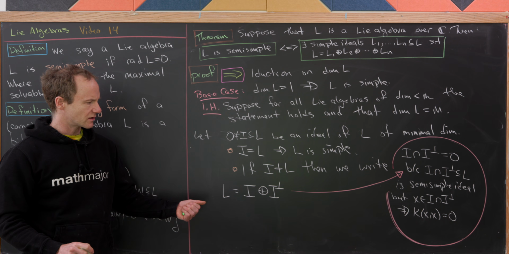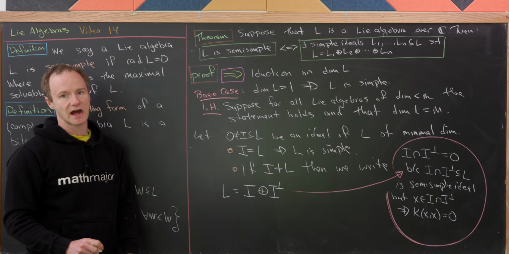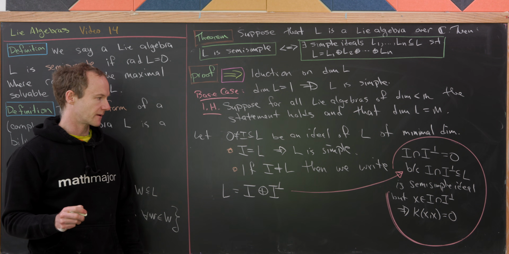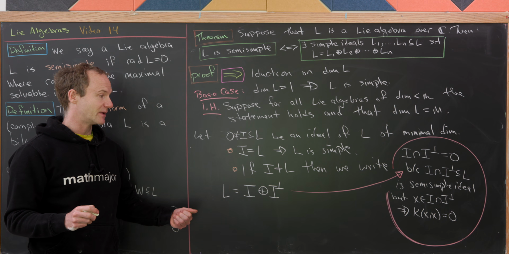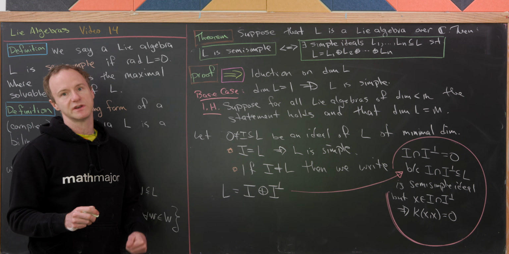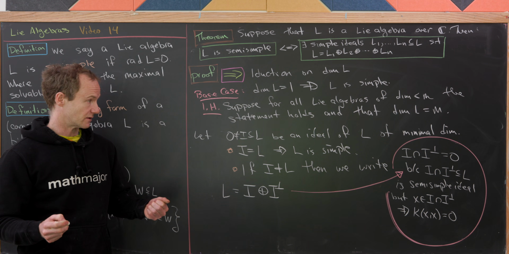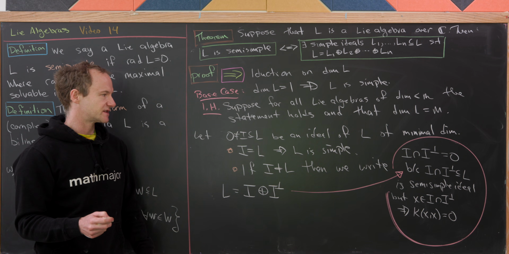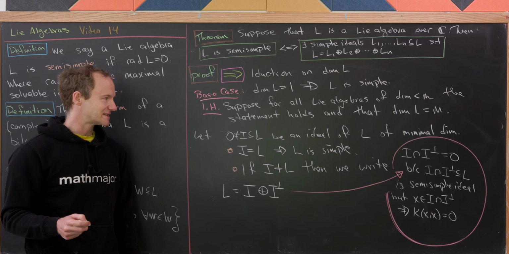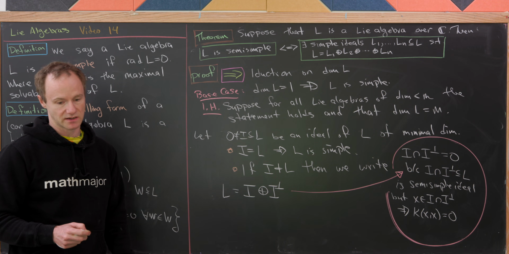Just consider the X from the first entry to be in I and the X from the second entry to be in I perp. But then by definition of that complement, you get 0 there. But that means that either kappa is degenerate or X is equal to 0, and X is equal to 0 because we know that kappa is non-degenerate because of our last theorem. So I intersected with I perp must be equal to 0. That tells us that when we take this sum, we in fact get a direct sum.